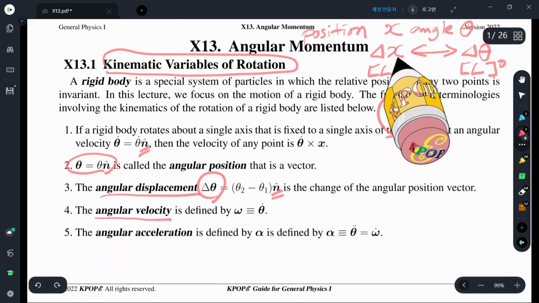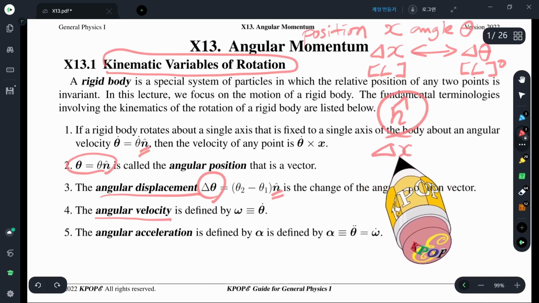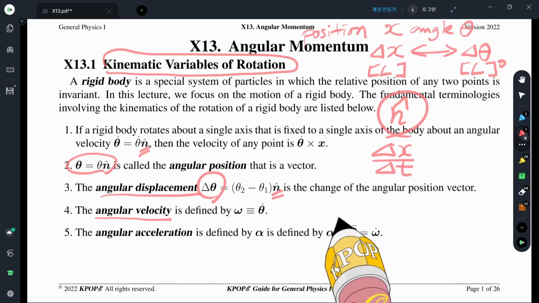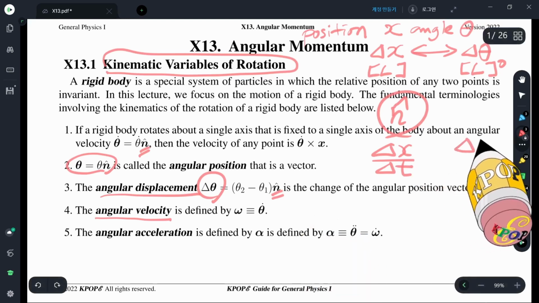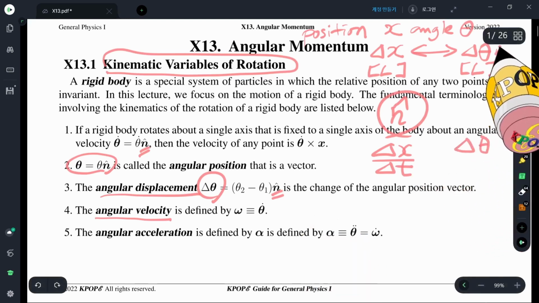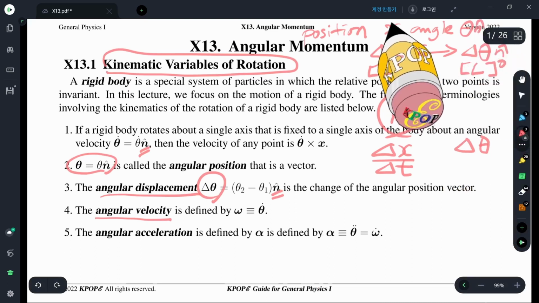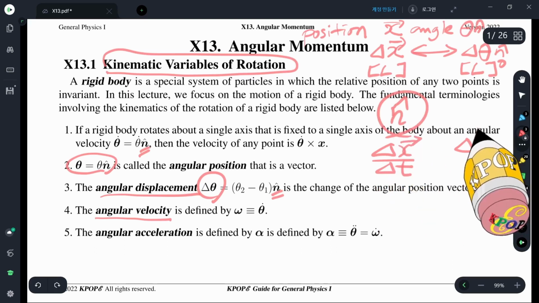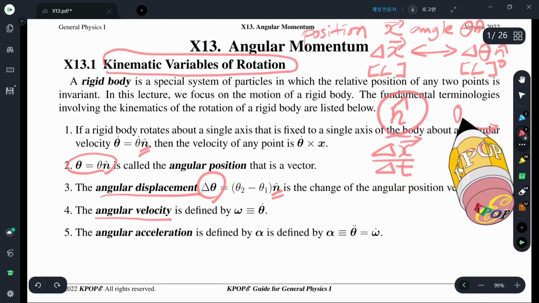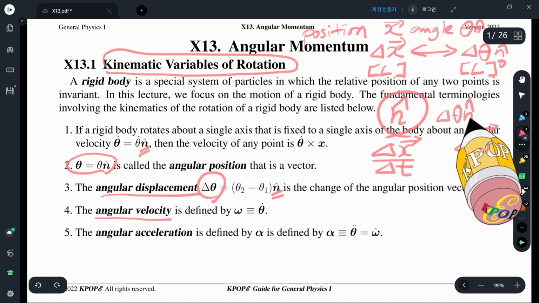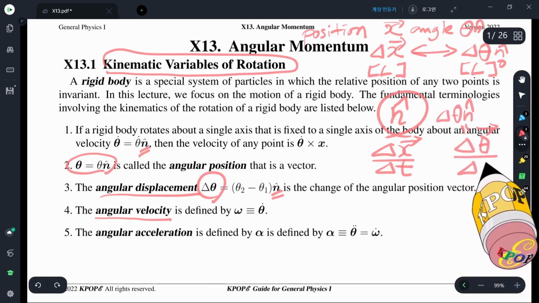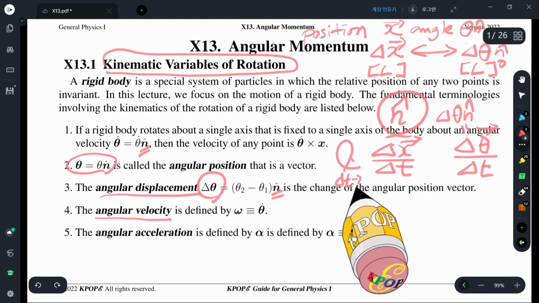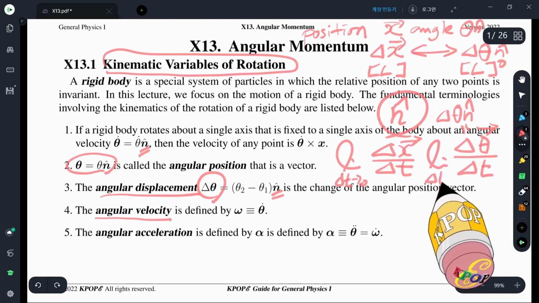Next, we consider the ratio of the displacement to the change in time. Here, there should be an n vector. This is delta theta n hat divided by delta t, and take the limit, delta t goes to 0.